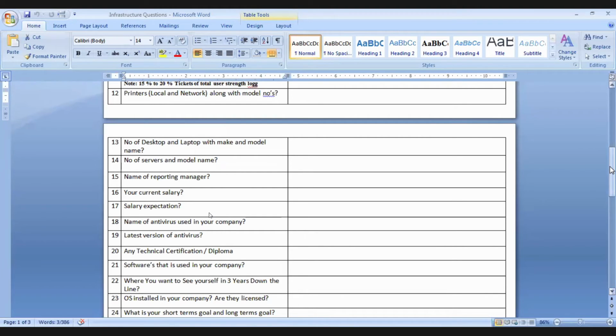Those people who are currently working, how will you handle this situation? Please inform who is working. Yes, sir. Please, Bharat. Yes, sir.